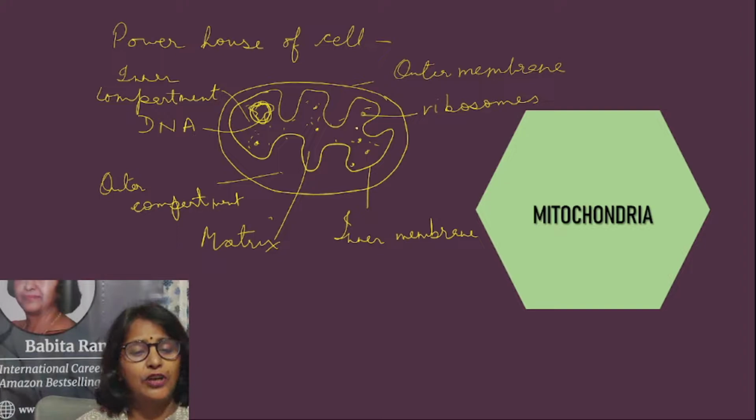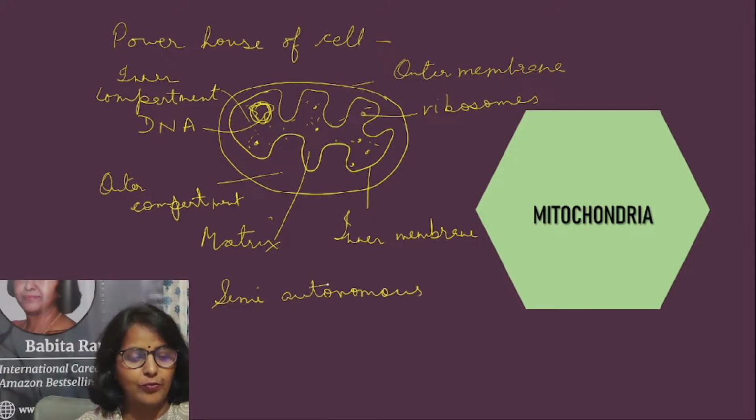Because of these two structures present in the mitochondria, this is also known as a semi-autonomous organelle.